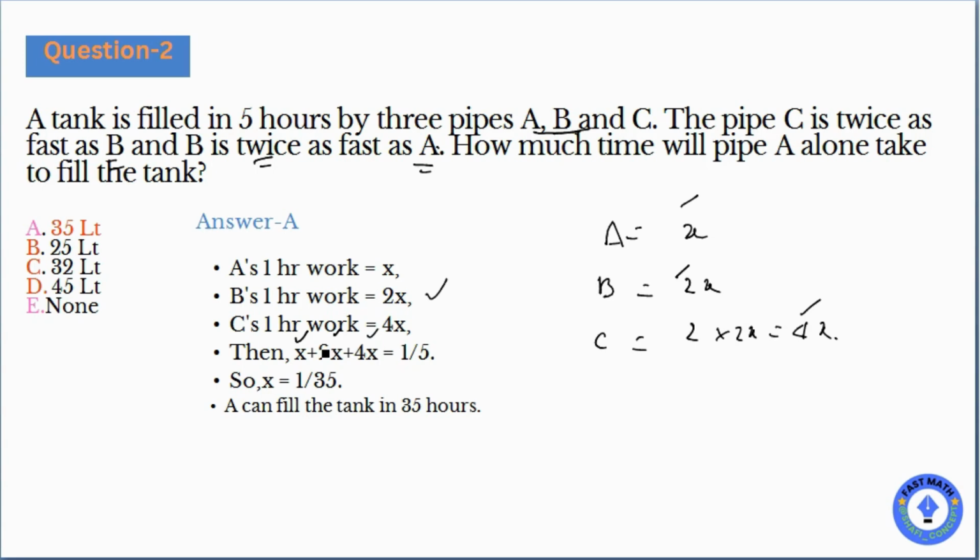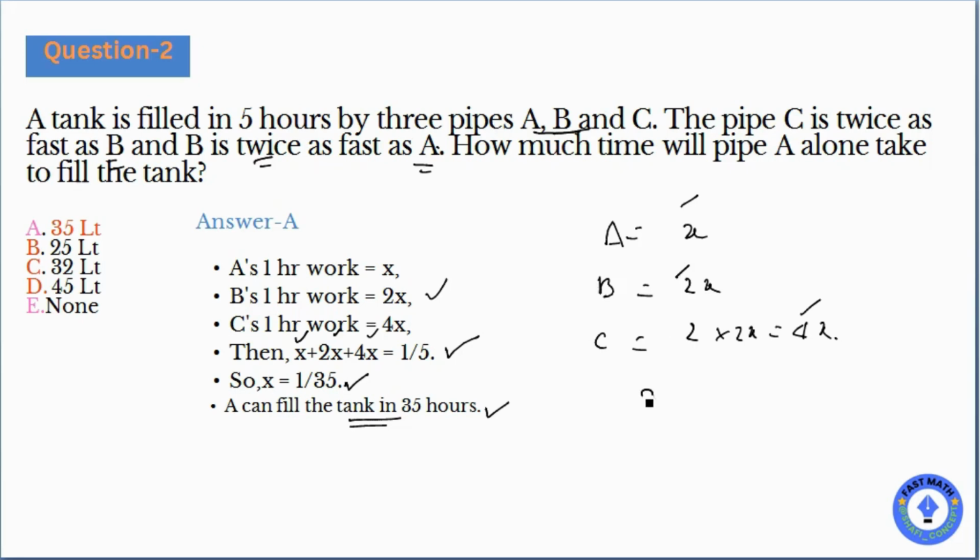So x is equal to 1 by 35, and finally the reciprocal of this is 35 hours. That means if you open only tap A, it will fill the tank in 35 hours.